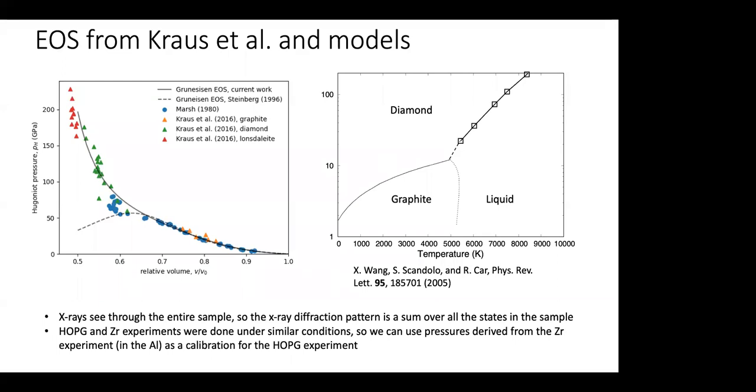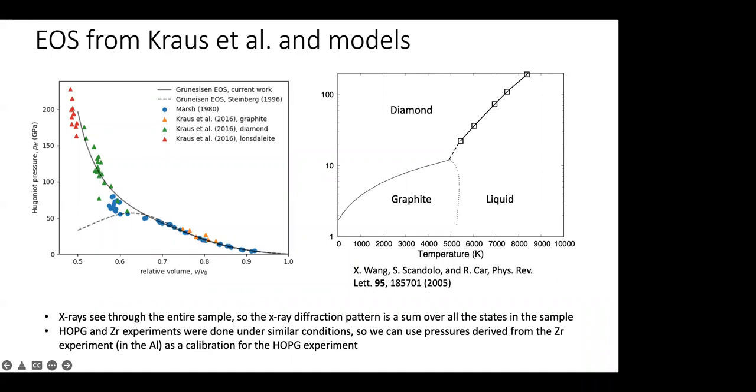And I don't have an unambiguous explanation for that other than to say that perhaps the time scale of our experiment played a role, and perhaps the phase transition to the equilibrium state was a little bit further along in Kraus's experiments than it was in ours.